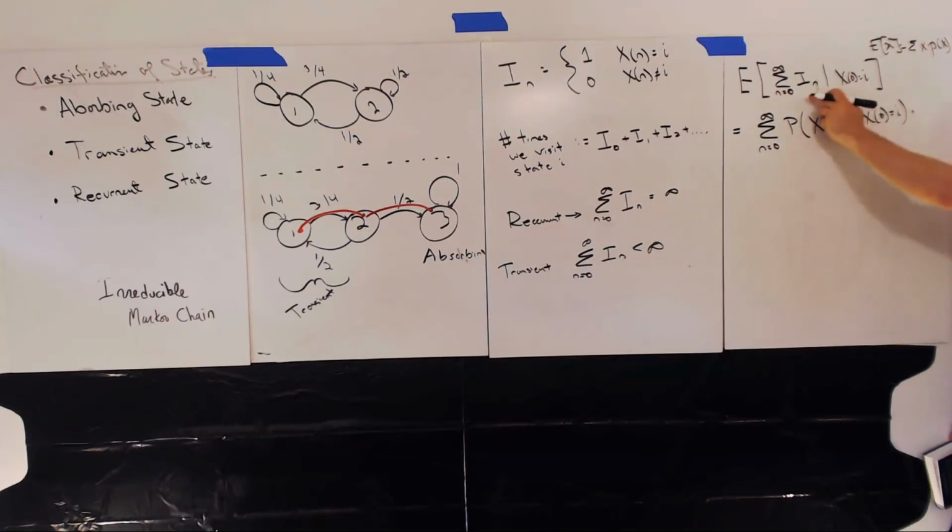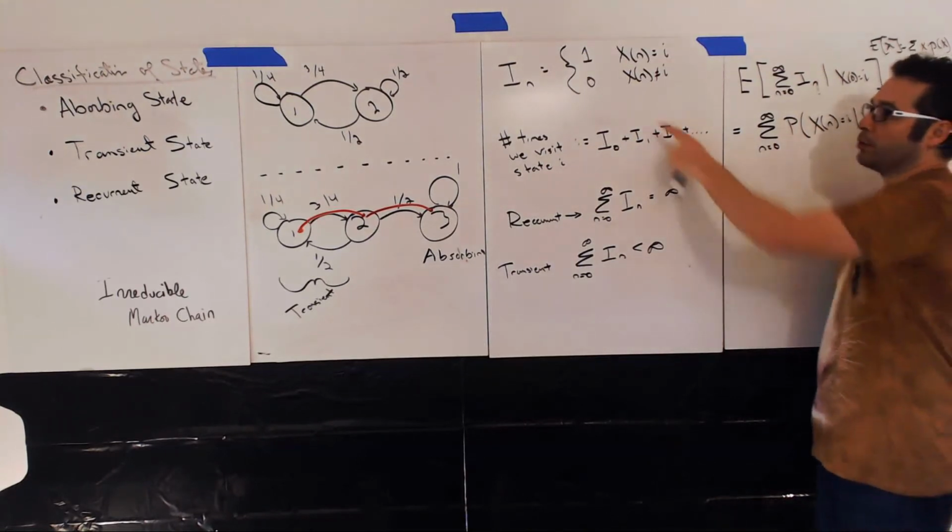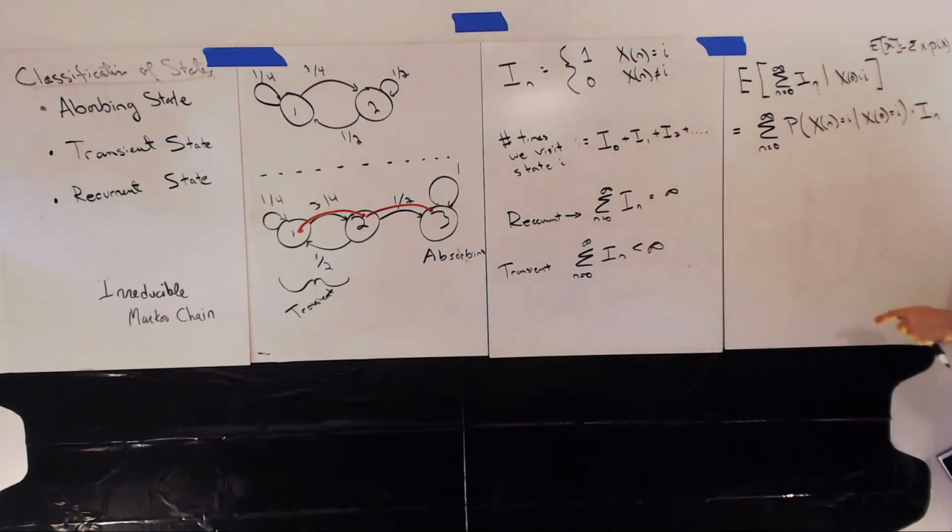So what we're multiplying by is I of n, which is either 0 or 1. Now, this probability is 0 if I of n is 0, so we can just write it like that. That makes life a little bit easier.